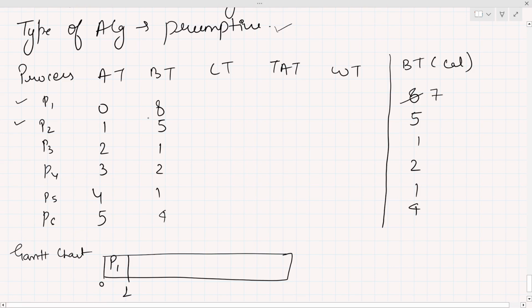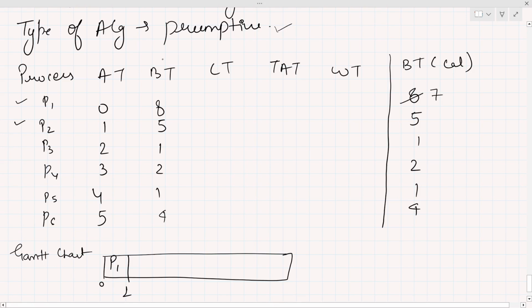Now you have two choices, P1 and P2. SRTF means the shortest burst time will get the CPU first. So between P1 and P2, whoever has the smallest burst time will get the CPU first. The P1 burst time is 7 and the P2 burst time is 5. Now the updated burst time is what we see when assigning a process.